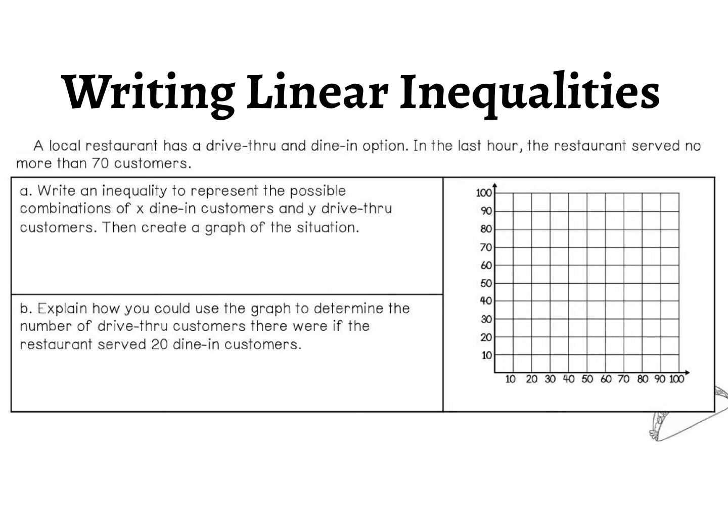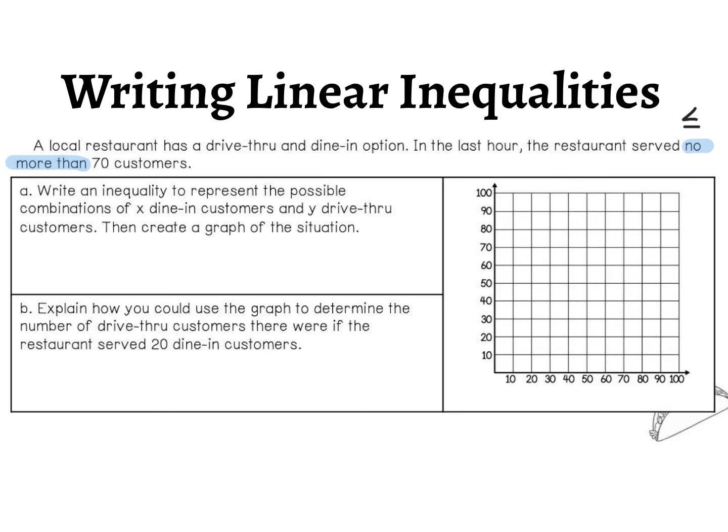Okay. In this next scenario, we have a local restaurant that has a drive-through and dine-in option. In the last hour, the restaurant served no more than 70 customers. No more than is another way of expressing what inequality? No more than. So you can't have 71, you can't have 72 customers. 70 is the limit of how much they have served, which means we're dealing with less than or equal to.